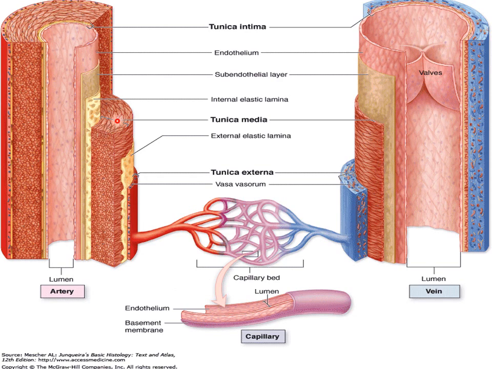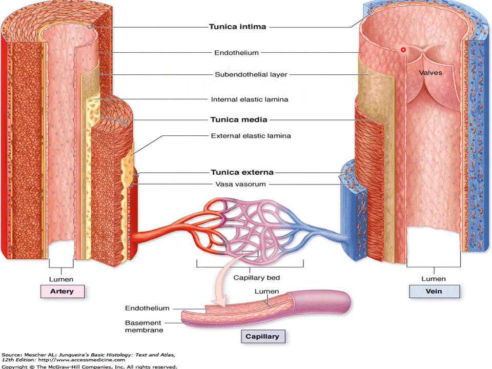Then there is the tunica media, which is a muscular coat, and then the outermost one is the tunica externa, also known as tunica adventitia, as I have told you. Here you can appreciate the subendothelial tissue just beneath the endothelium. So this subendothelial tissue plus endothelium makes up the tunica intima.